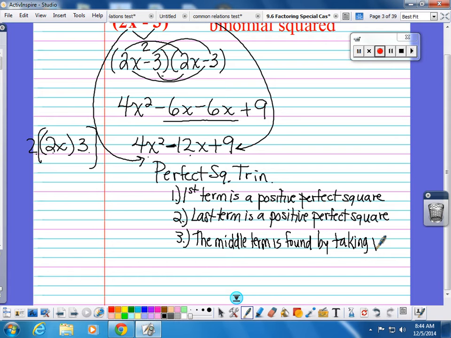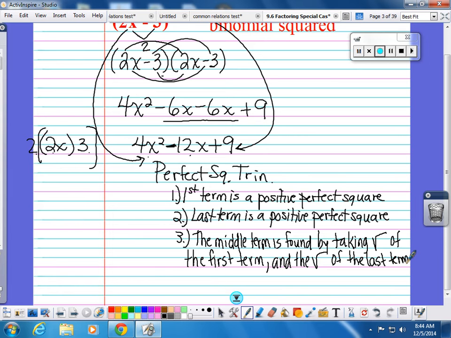So by taking the square root of the first term, what is the square root of 4? 2 x squared. 2x. And the square root of the last term.